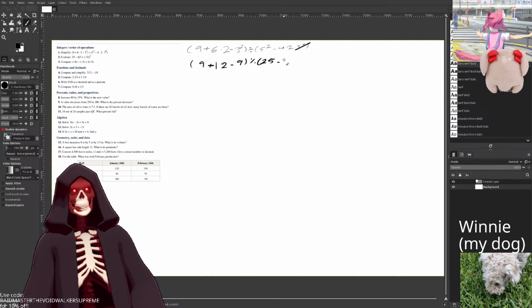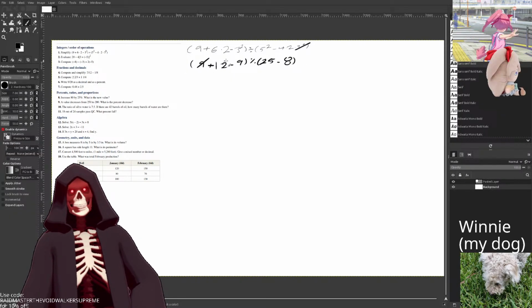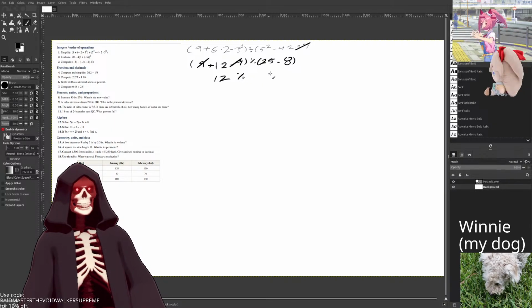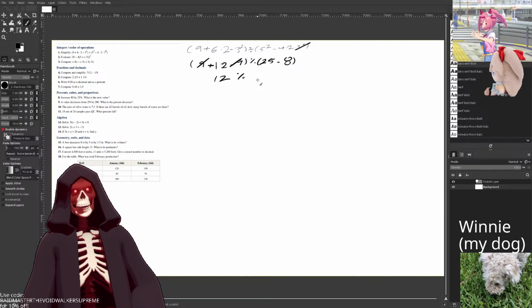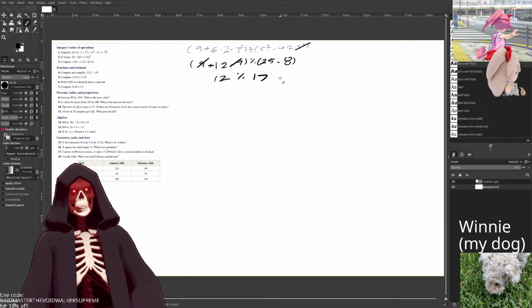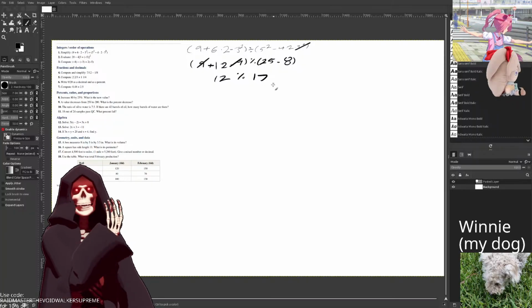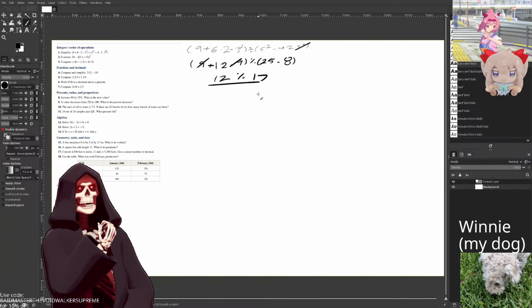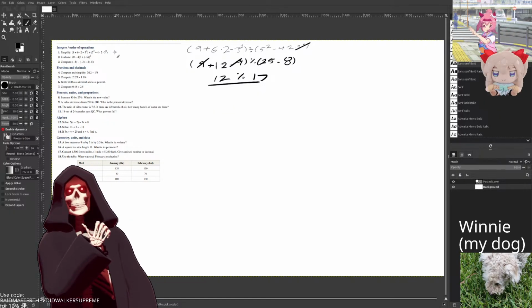So 4 times 2, that's 8. So pretty simple. Cross these out because that's the same thing. So it's 12 divided by 25 minus 8, which is 17. So 12 divided by 17. I mean, that's technically the simplest version of it. That right there. So 12 divided by 17.